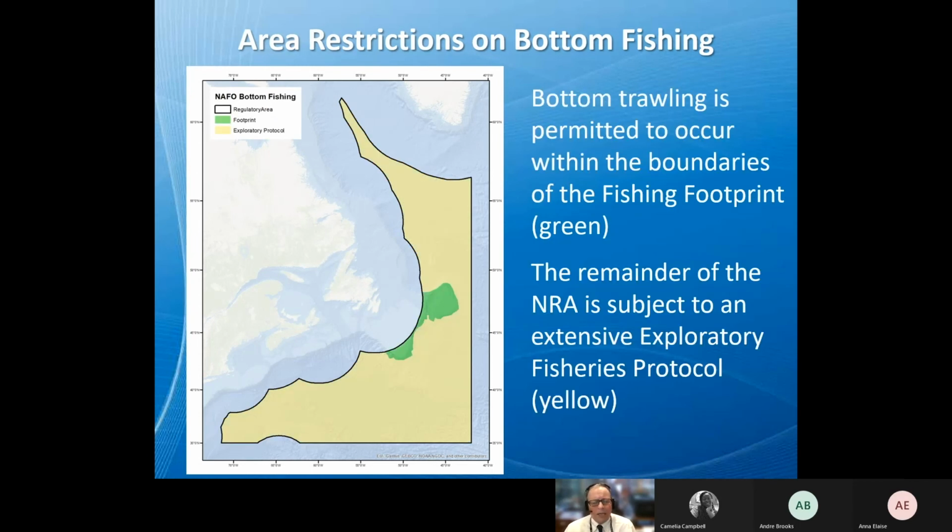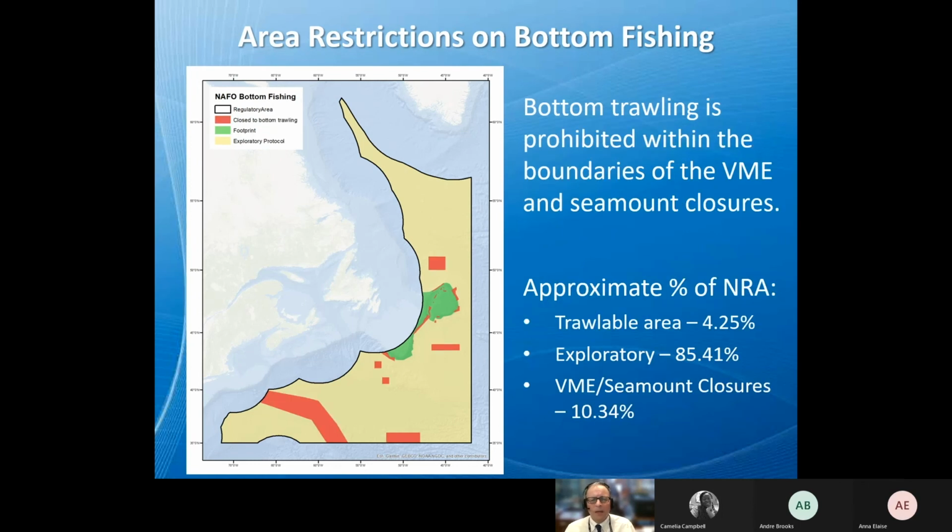Here in green is the NAFO footprint, the only area where bottom fishing takes place and is allowed to take place. The remainder of the NRA is subject to the exploratory fisheries protocol, and for now, there is no bottom fishing going on outside the green areas.